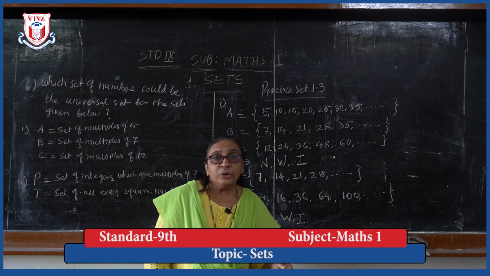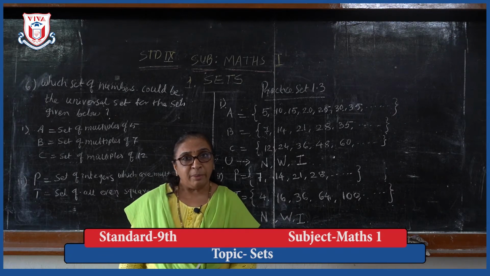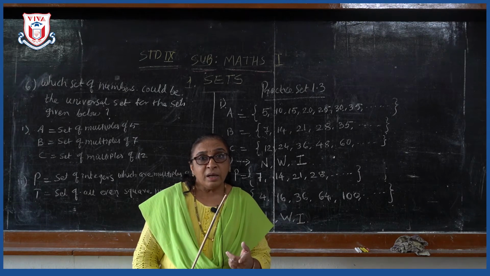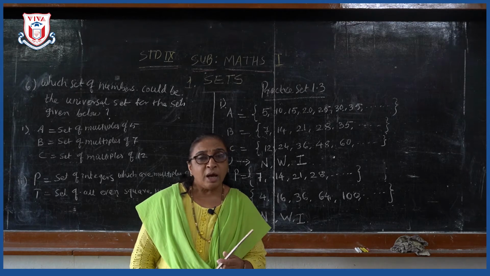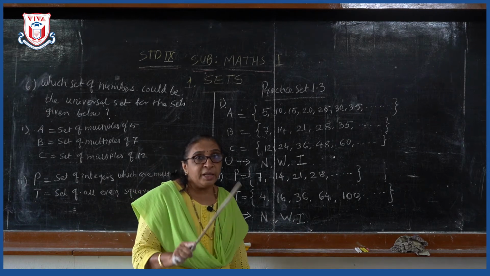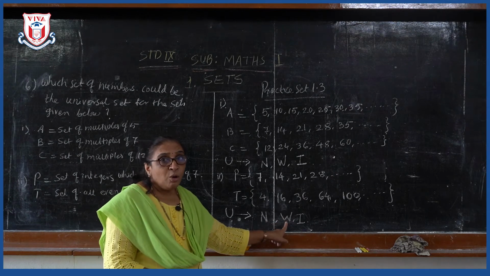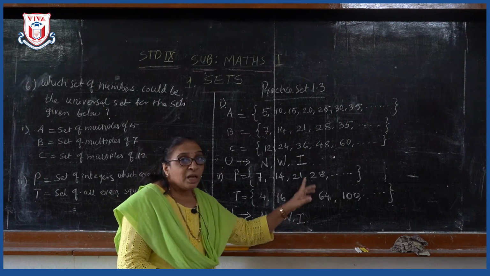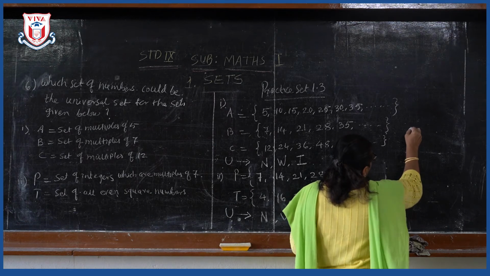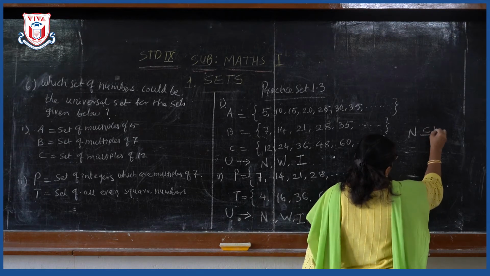Now children, you have already studied numbers up to the real numbers. What do you mean by real numbers? In real numbers, irrational and rational numbers both are included. Now, what are rational numbers? In rational numbers, the sets of natural numbers, whole numbers and integers are also included. So always remember that N, the natural numbers, is a subset of whole numbers.